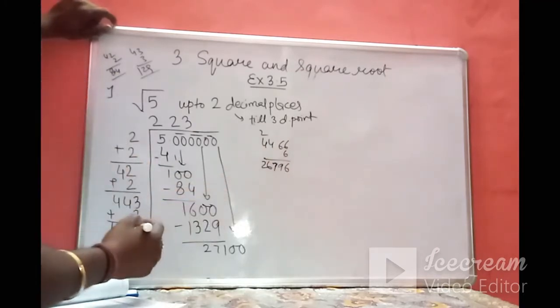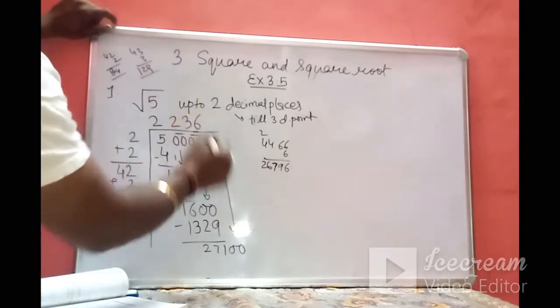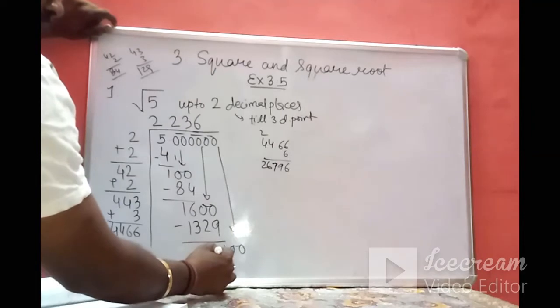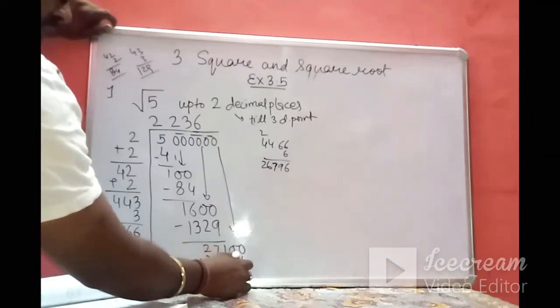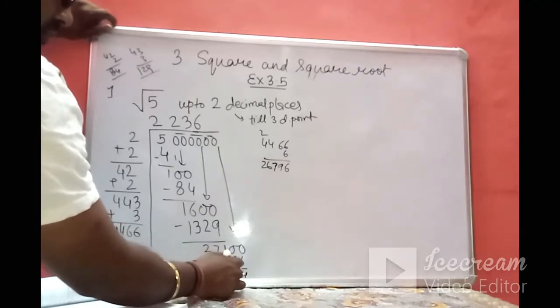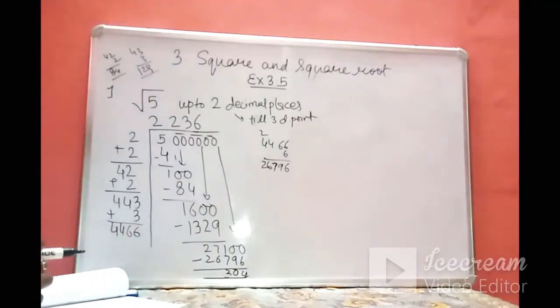So 26796. So I will put 6 here. So it is 26796. So when I solve it, I will get the remainder.